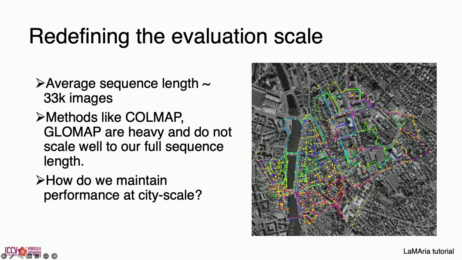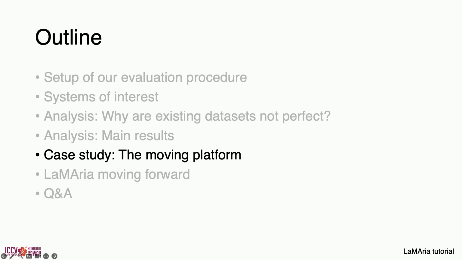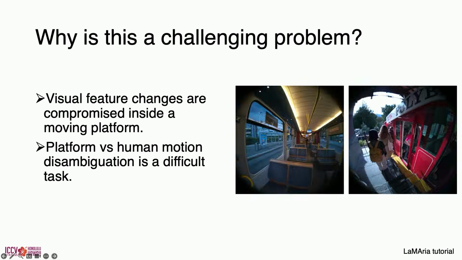So this concludes the evaluation section of both the controlled experimental set as well as our main data set. And I'll move on now to a case study, a challenge which we found particularly difficult for all baselines, including Aria SLAM, and is a specific challenge in our sequence set itself.